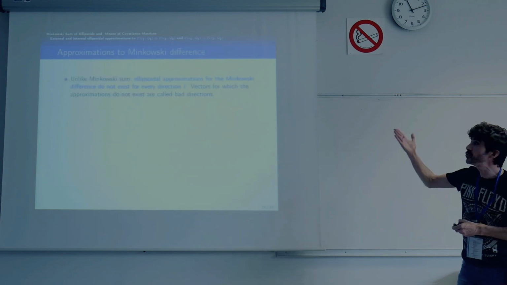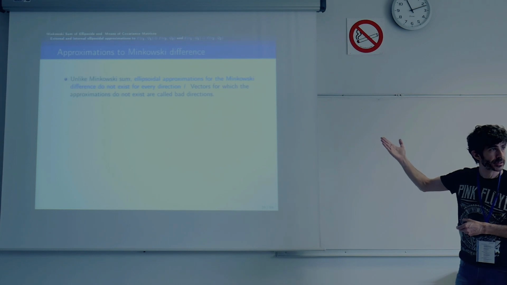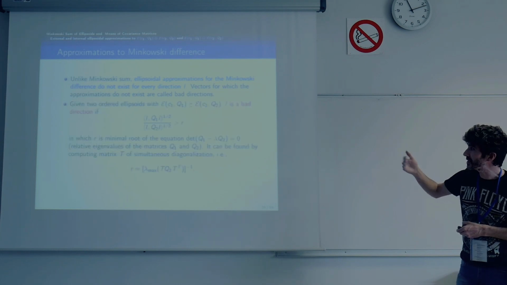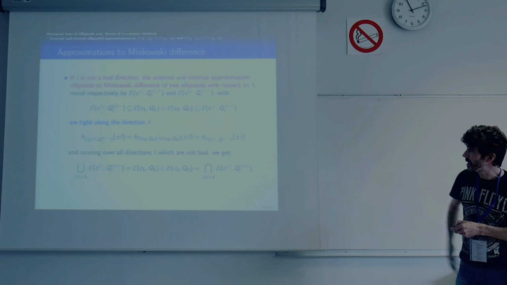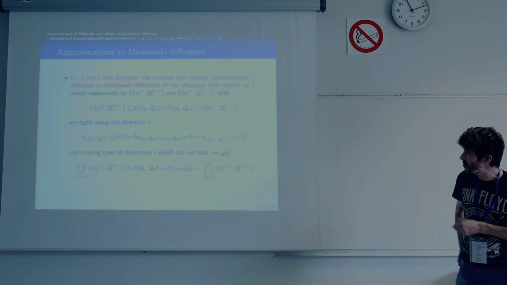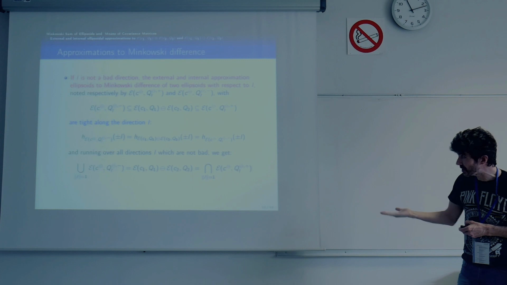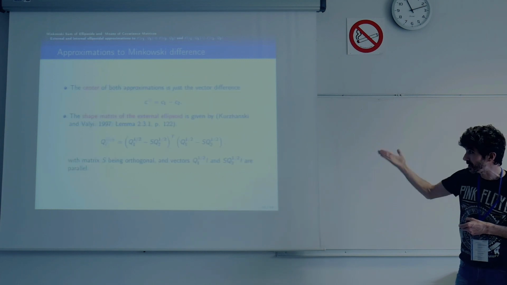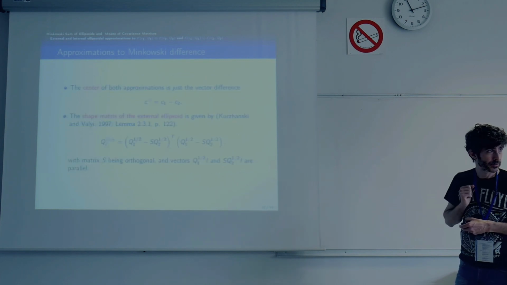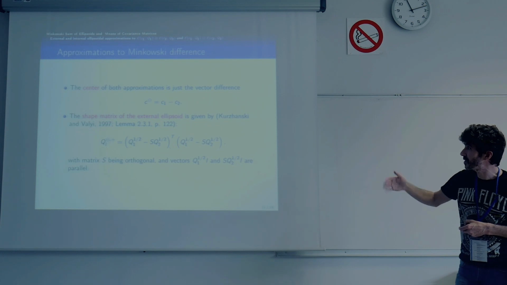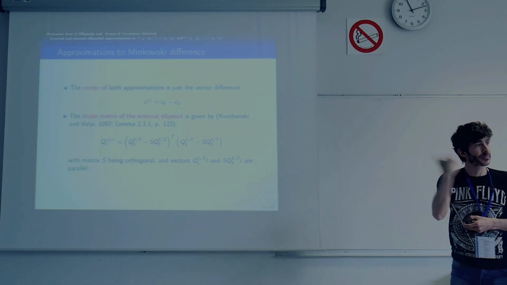Okay, and you can do the same with the Minkowski difference. You will have a similar result, where you can define again, following the same definition of what you understand by a good approximation according to a given direction, and you will obtain a similar expression. I will not review all of them, which are quite symmetrical with respect to the other ones.